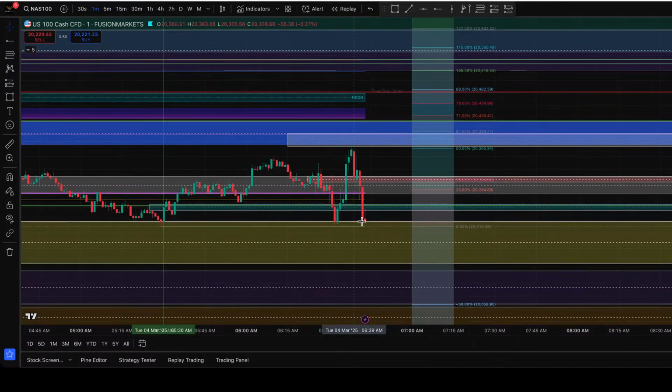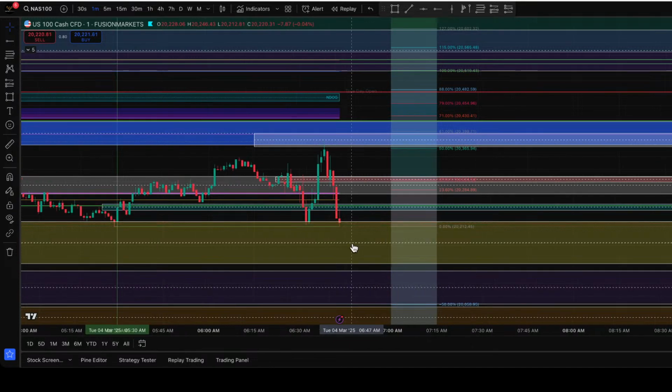Because now it could actually run this midpoint and maybe even tap this. There's a 4-hour fair value gap down here too. So now we have to see where it wants to turn around.